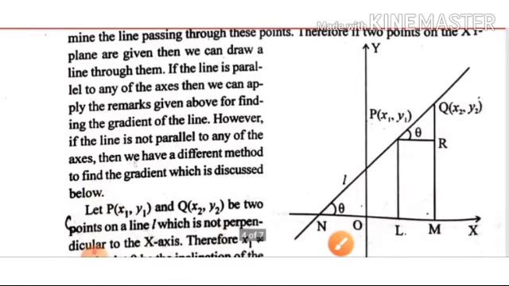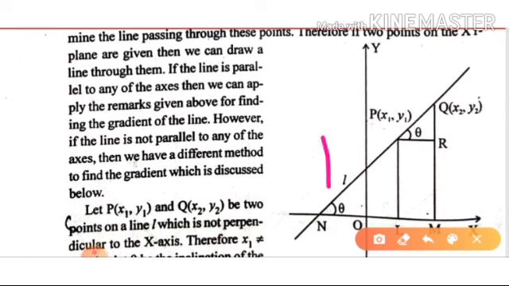Look at here, this is the line L, it is making an angle theta with the positive direction of x-axis. And P and Q are 2 given points on the straight line.